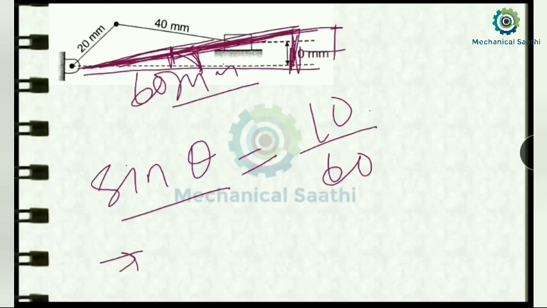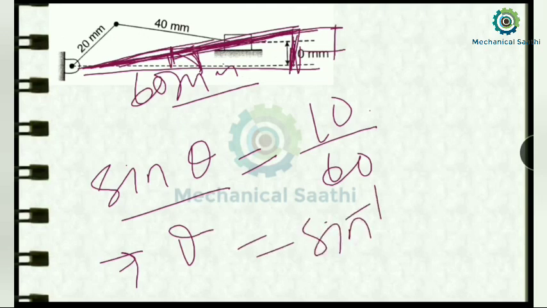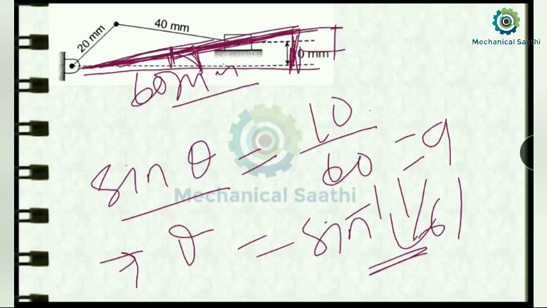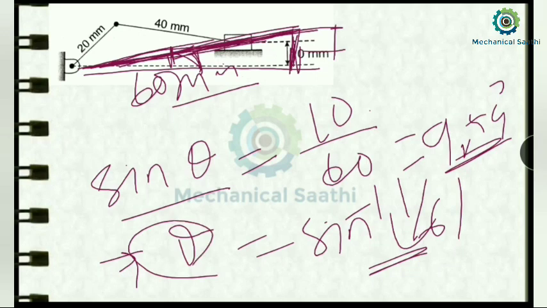So theta will be equal to sine inverse of 1 by 6. Calculating this value, we get 9.59 degrees. So from here we have calculated the value of theta.